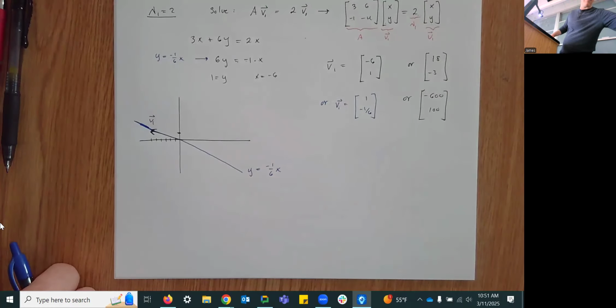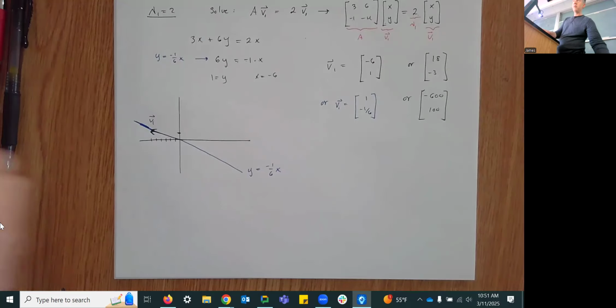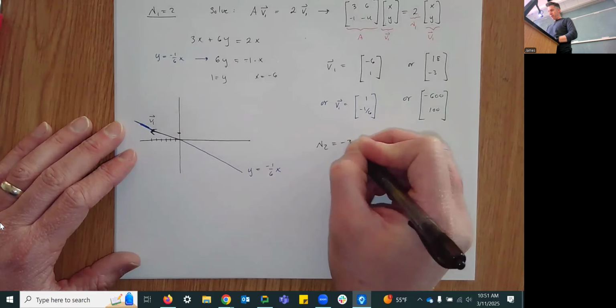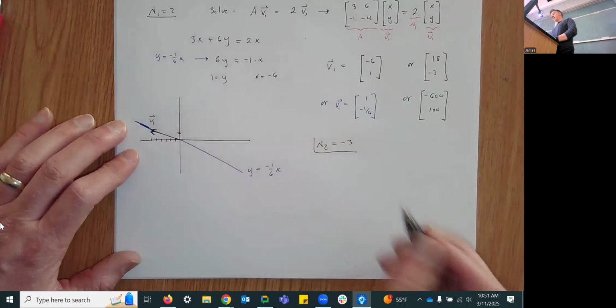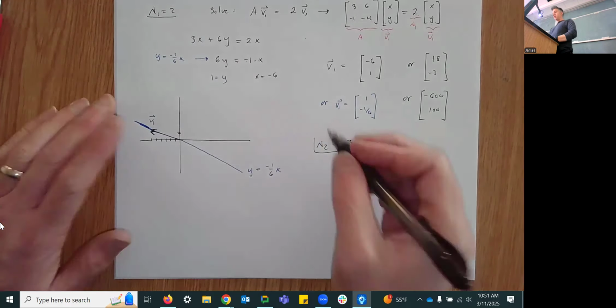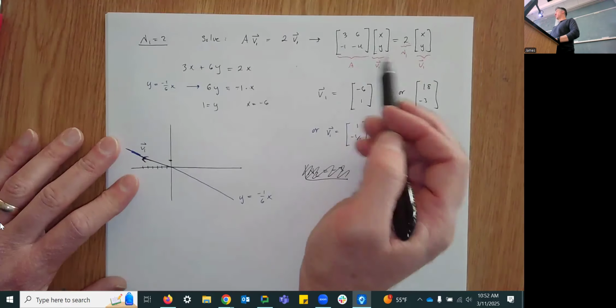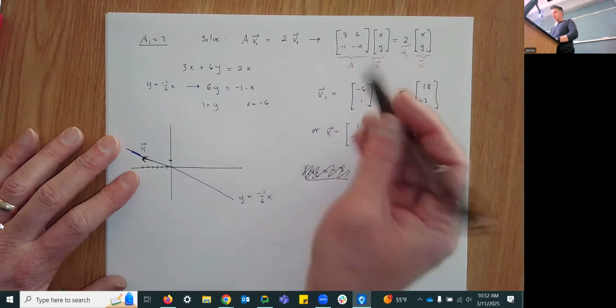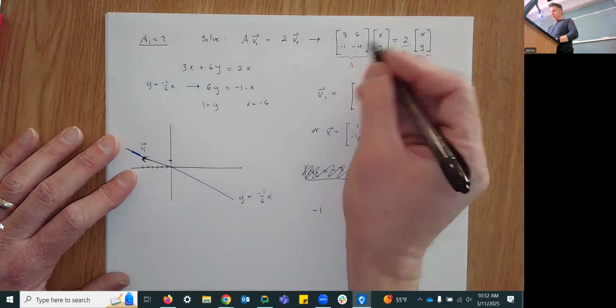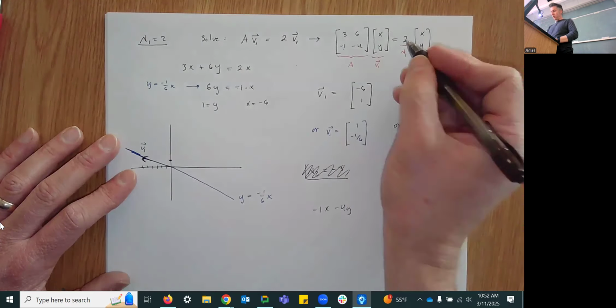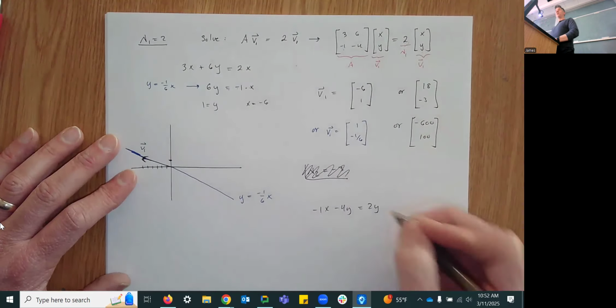Let's find the other eigenvector. So for lambda 2 equal to negative 3, actually, let me hold on for 1 second. Before we do that, let me just also point out that we definitely didn't need to use the other equation at all. If we had used the other equation, -1 times x plus -4 times y equal to 2 times y, we're still going to get the same result.